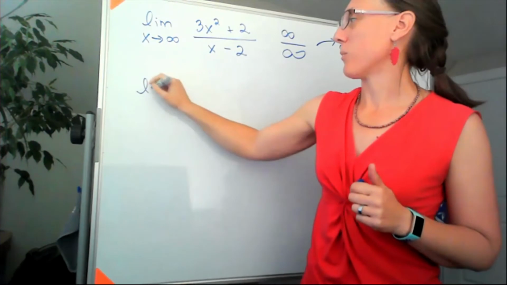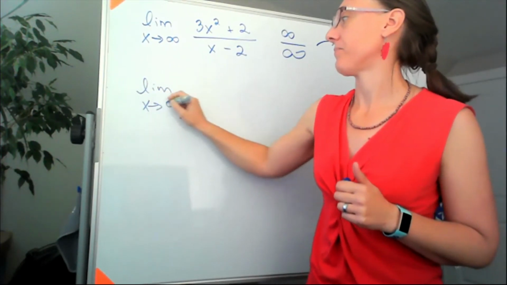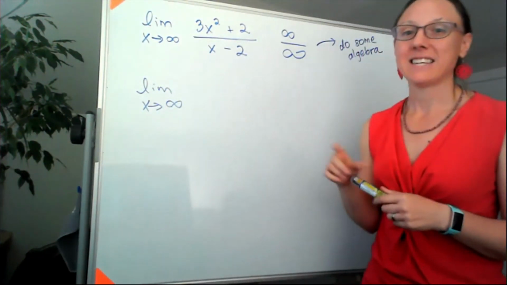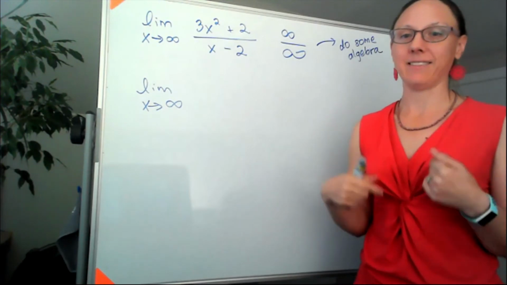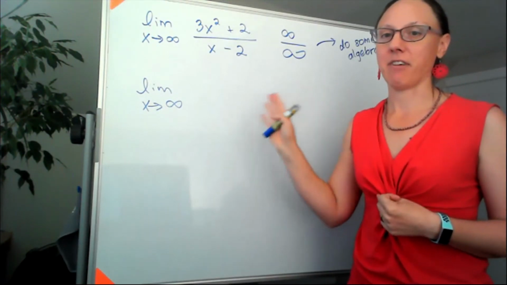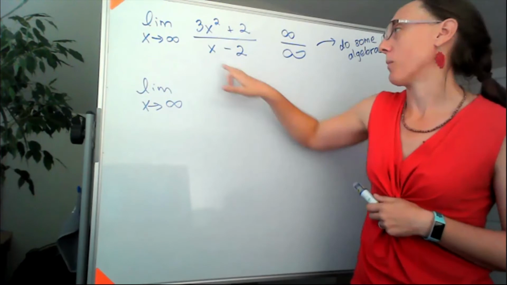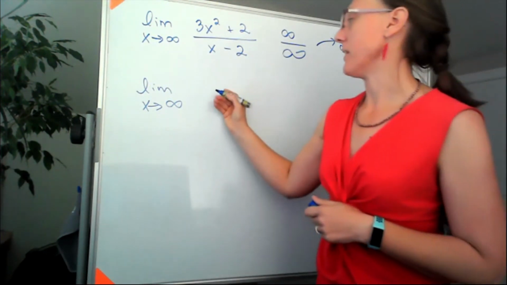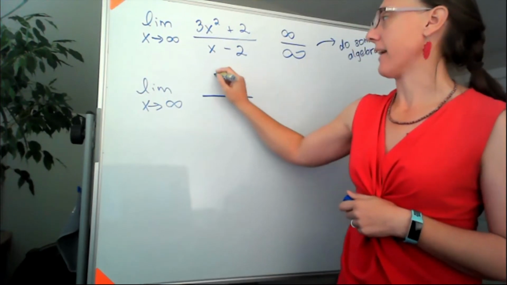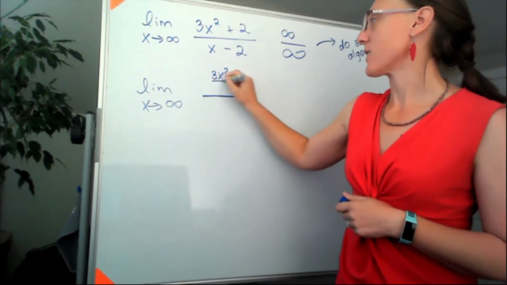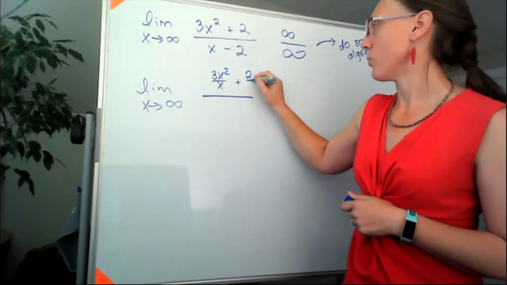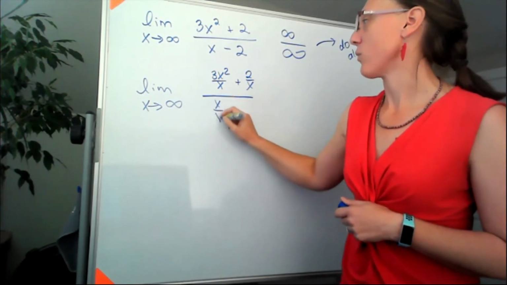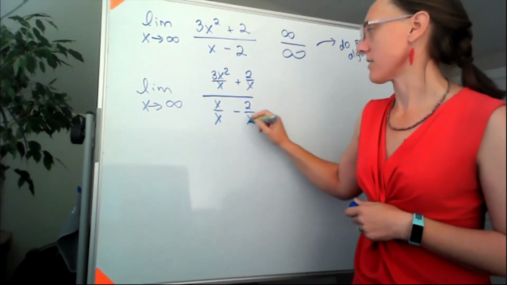And the algebra that we're going to want to do here is to find the largest power of x in the denominator and to divide every term by that. So my largest power of x in the denominator is x. And I'm going to divide each term by x. So I've got 3x squared over x plus 2 over x over x, and minus 2 over x.